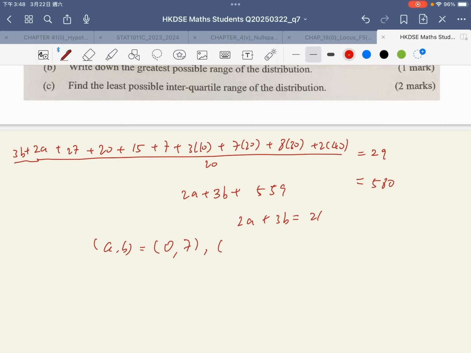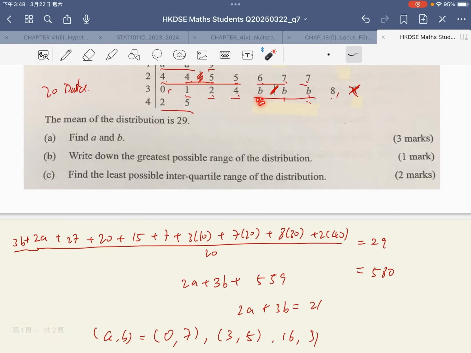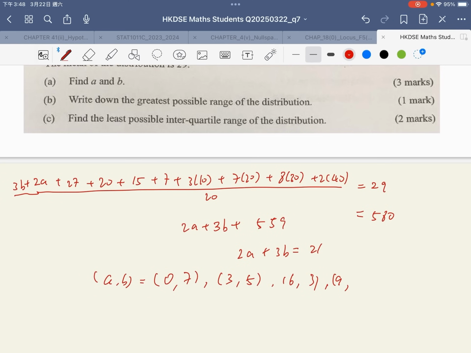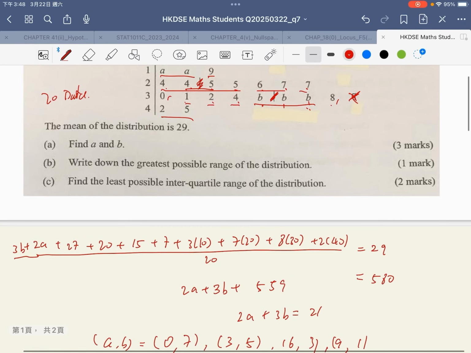And a is 3, then b is 5, and a is 6, b is 3. Okay, a is 6 is rejected because b is between 4 to 8. Last one, a is 9, b is 1. These two are rejected. Finally, we obtain two sets of data, (0, 7) and (3, 5).